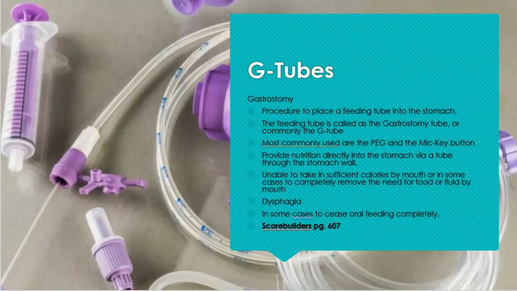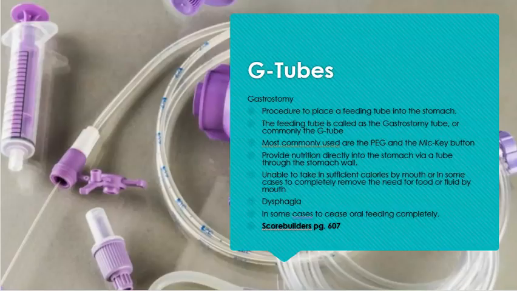A G-tube, a gastrostomy, is a procedure to place a feeding tube into the stomach. The feeding tube is called a gastrostomy tube, or commonly the G-tube. Most commonly used are the PEG and the Mickey button, which we're going to look at in just a second. They provide nutrition directly into the stomach via a tube through the stomach wall.